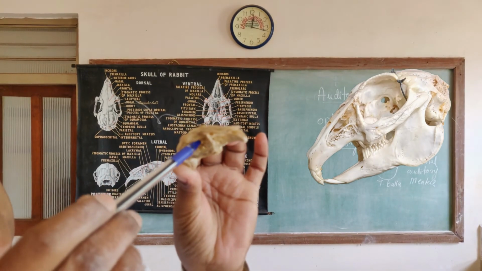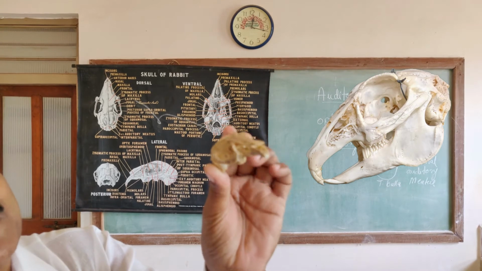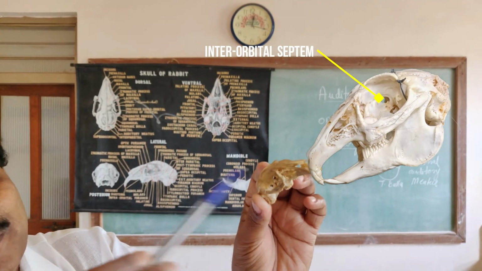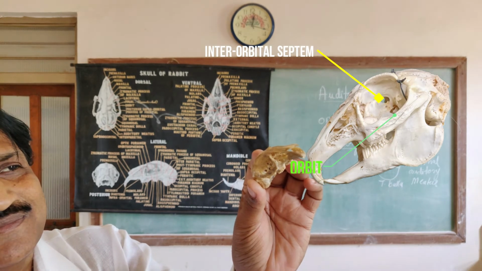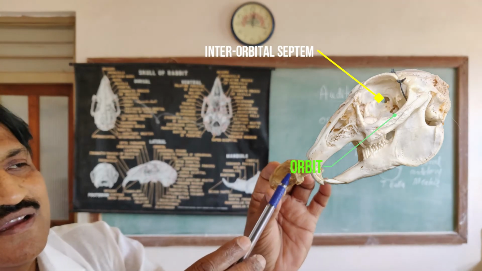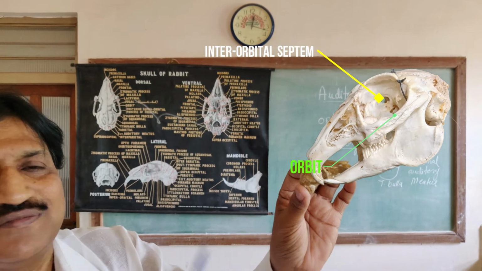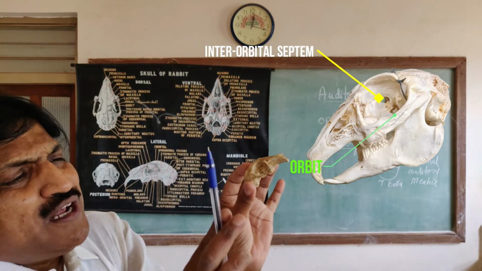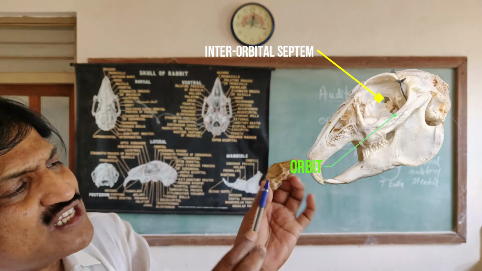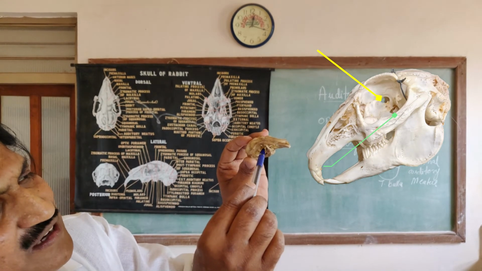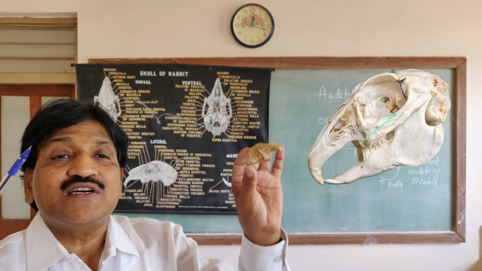This entire structure is called the orbit, and it encloses the eyeball. So these are the two optic capsules or orbits. On the lateral side you can see the septum called the interorbital septum.